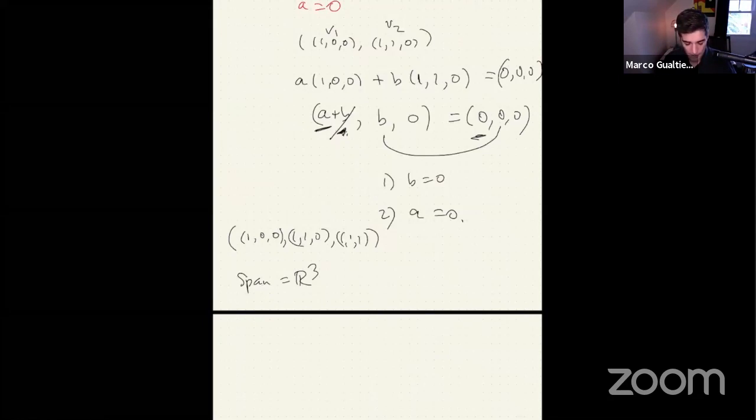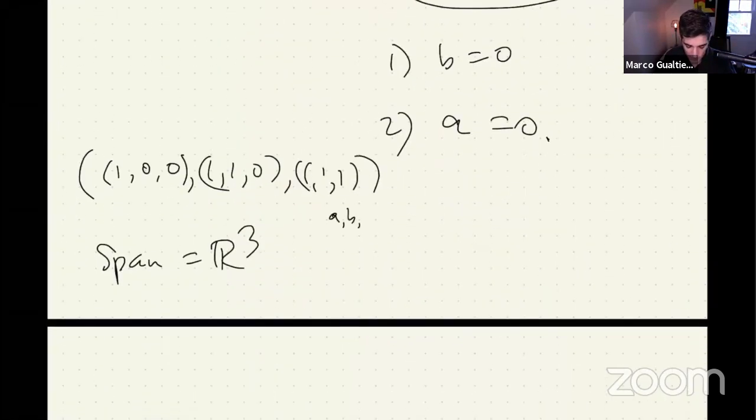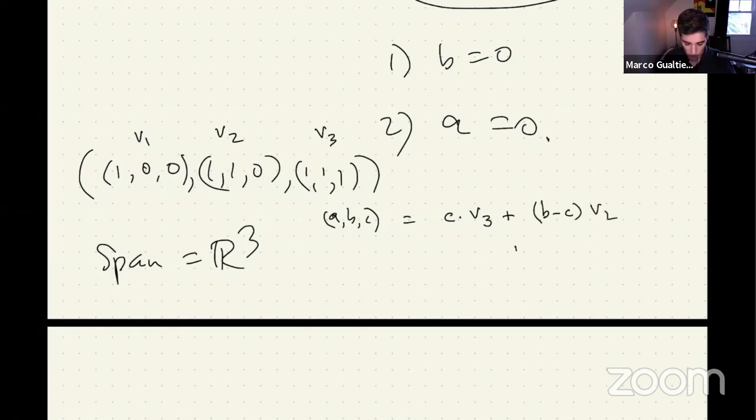Maybe it's not completely obvious, but you could check that if I gave you a random vector A, B, C, you could write it as, if this was V1, V2, and V3, C times V3 plus B minus C times V2 plus A minus B times V1.